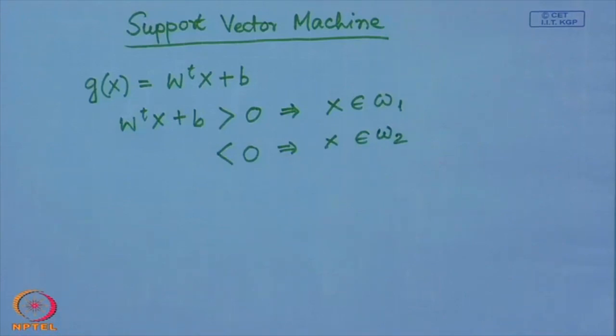So, here you find that for classification purposes, the actual value of g of x is not really very important, but what is important is the sign of g of x. If the sign is positive, I infer that x belongs to class omega 1. If the sign is negative, I infer that x belongs to class omega 2.